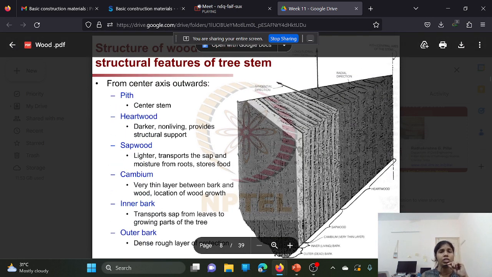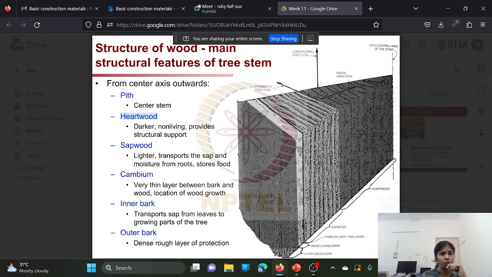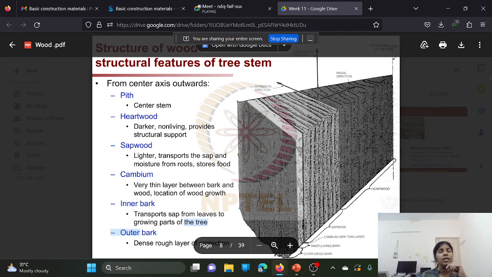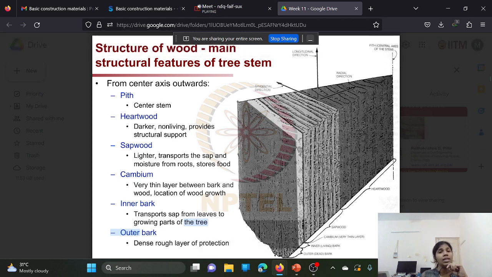These are all the different components of the structure of wood. The stem of the tree will have different structural features. The main structural features are the pith, hardwood, heartwood, sapwood, cambium, inner bark, and outer bark. These are the different layers. Pith is the center of the stem.